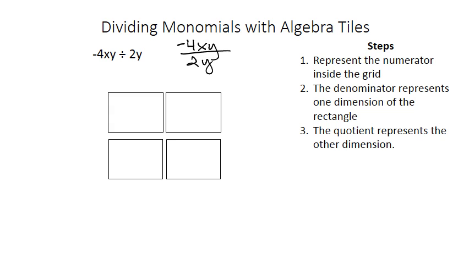Then the denominator represents one dimension of the rectangle. So my denominator is 2y, which is this side of my rectangle over here where I just put my 2y there. So that means the quotient or the answer will be what I would put along the other side. And what's going to fit along the other side to give me negative 4xy? Well, that would have to be a negative number for sure, so that I can get this negative product.